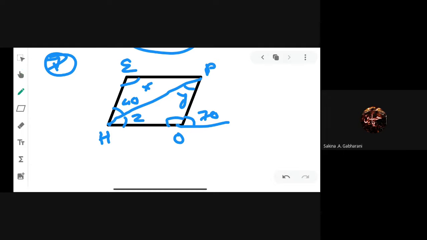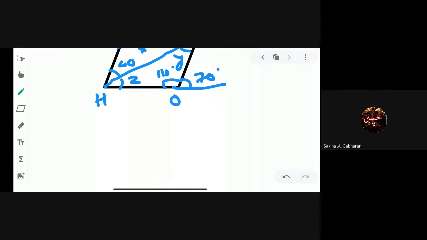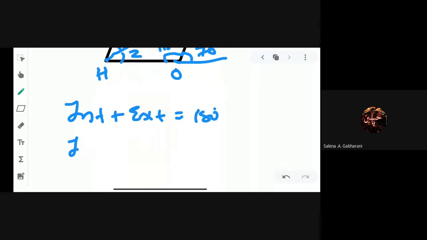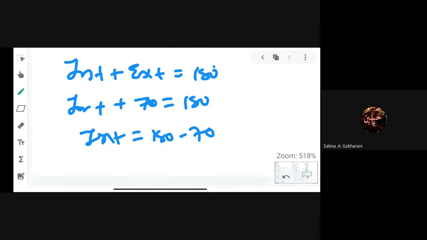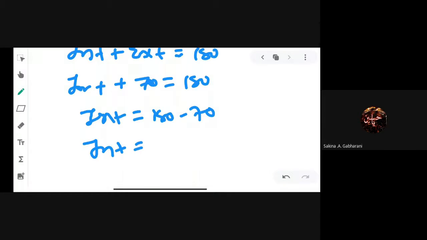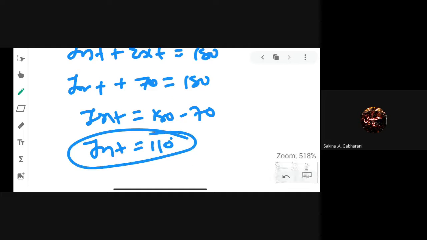Here the exterior angle 70 degrees is given, so interior is equal to 180 minus 70. We get interior is equal to 110 degrees.